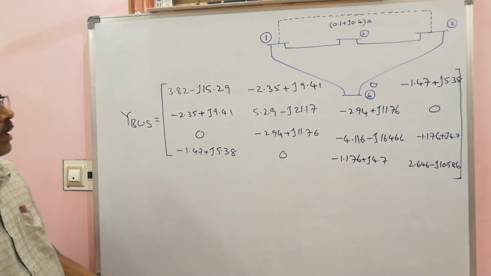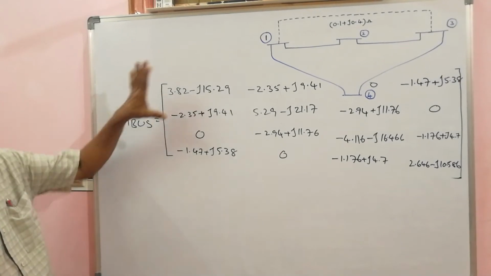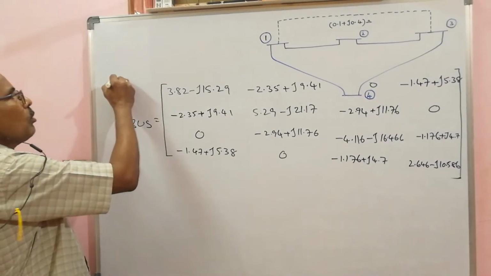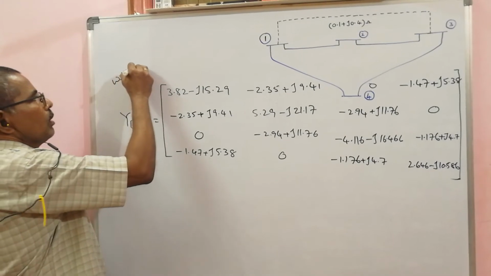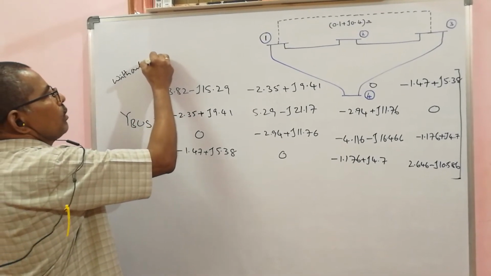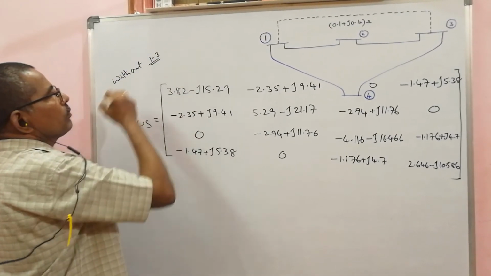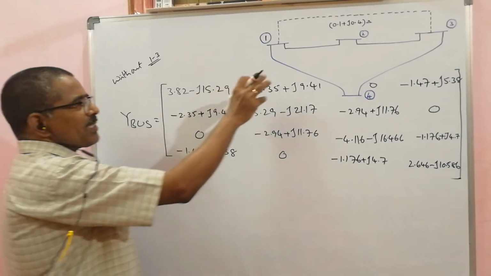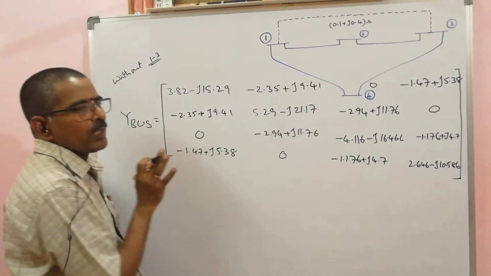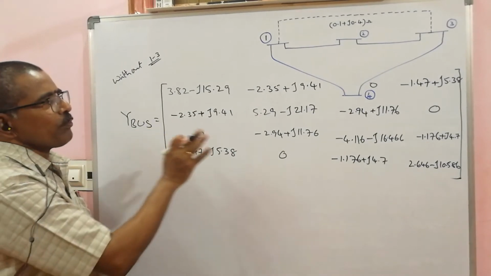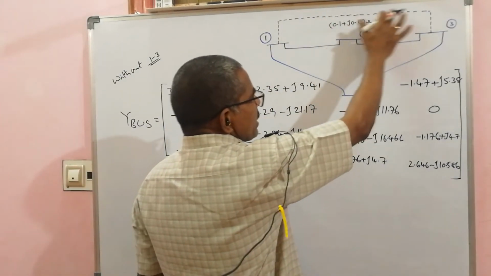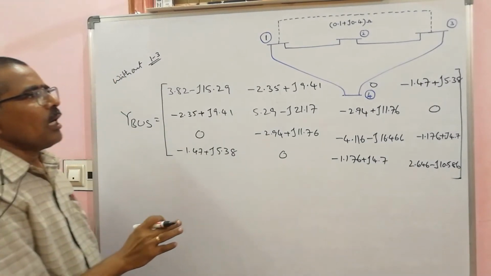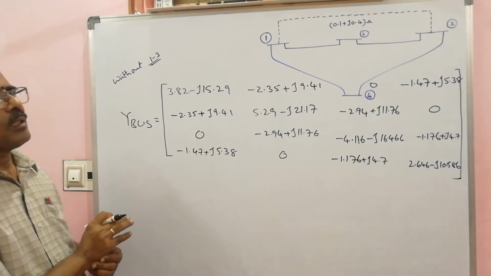So this is the total Y bus for the first part, without the 1 3 line. Now when this is added, I hope you will be able to get this. If you consider the dotted line, how do you modify?